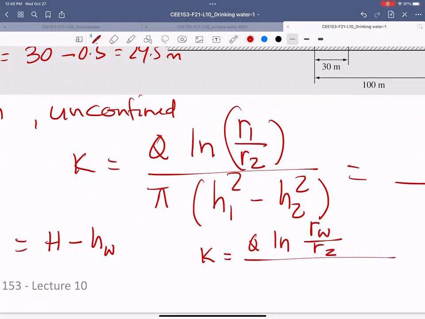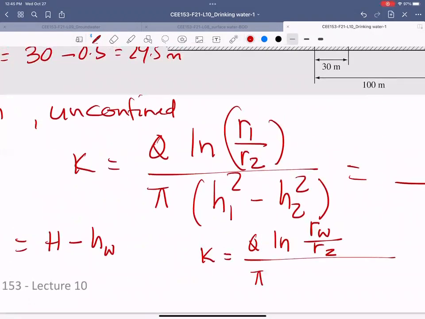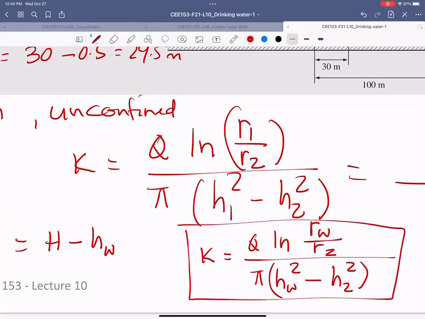That way you can calculate the corresponding height of the head. Pi, now H1 becomes the height of the head of the well, minus. You just take different combinations of radius and head. You know the K value from the previous questions.